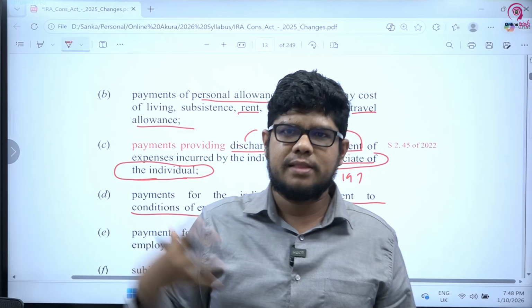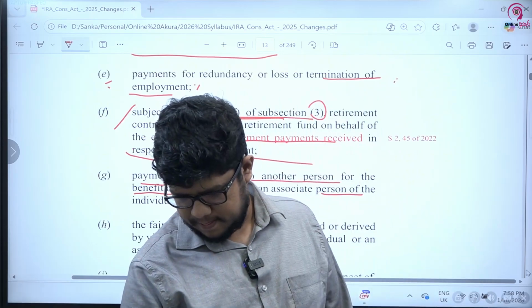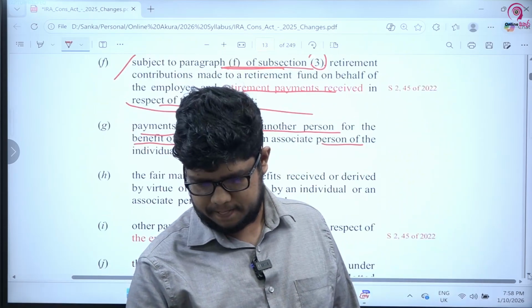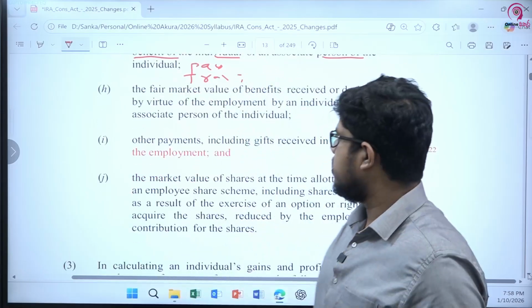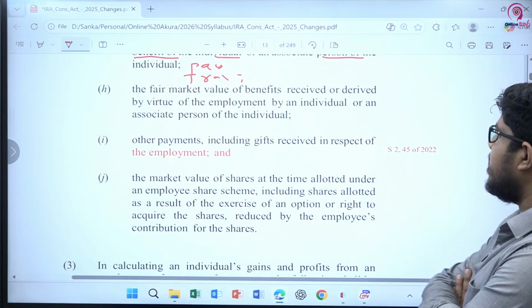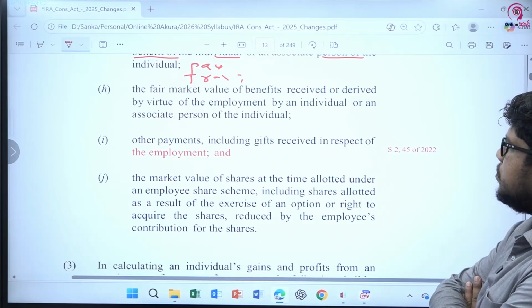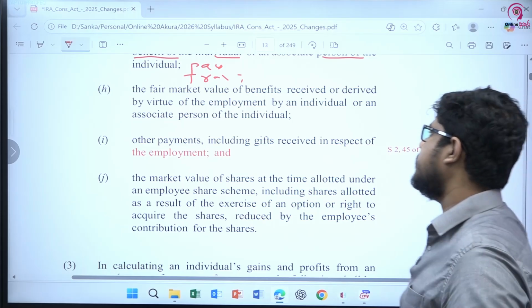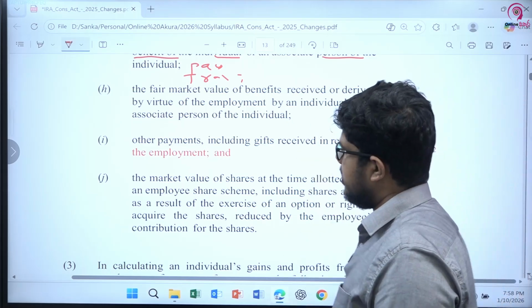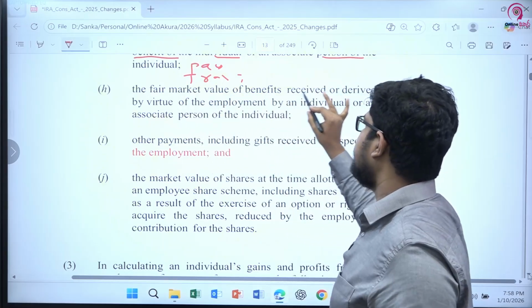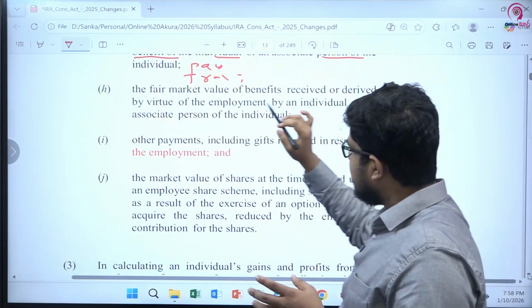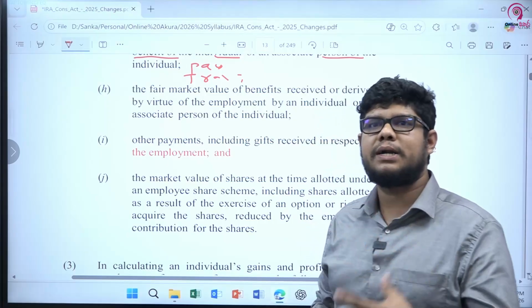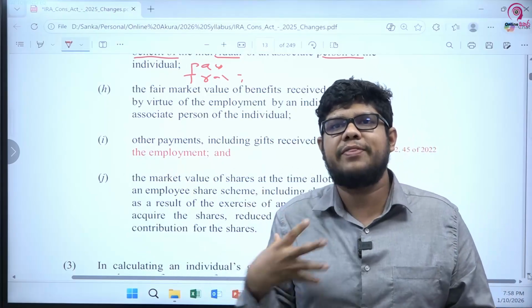Right. Next one. The fair market value of benefit received or derived by virtue of the employment by an individual or associate person of the individual. Read it again. The fair market value of benefit received or derived, right? So the fair market value of any other benefit.